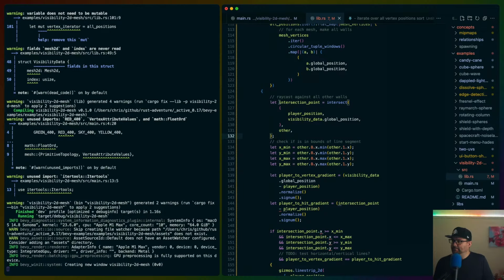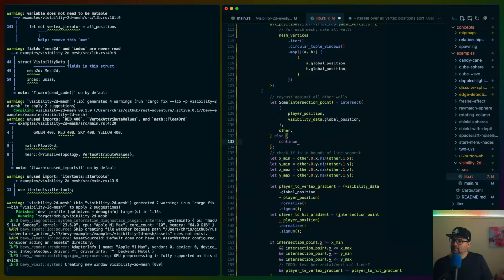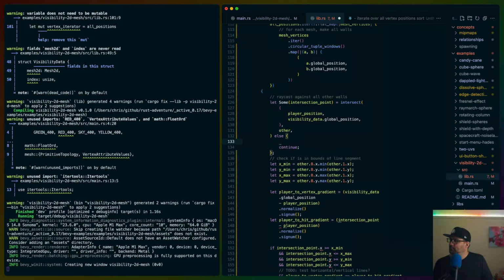This could be none. Like intersection return none, and we'll include the visibility data here. I don't know if I put debug on this actually.